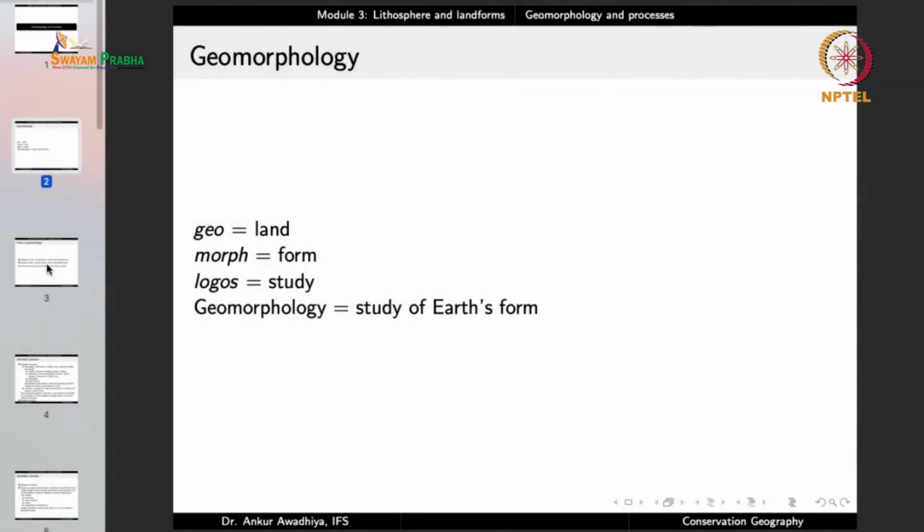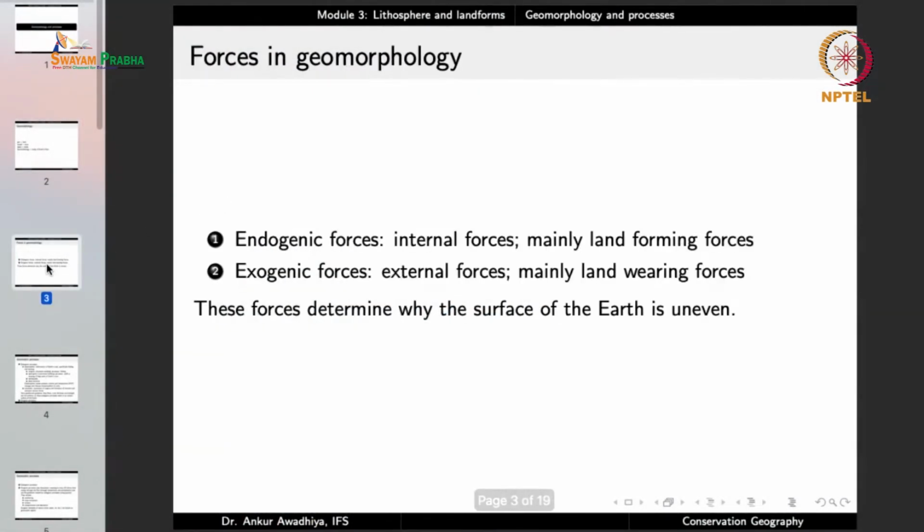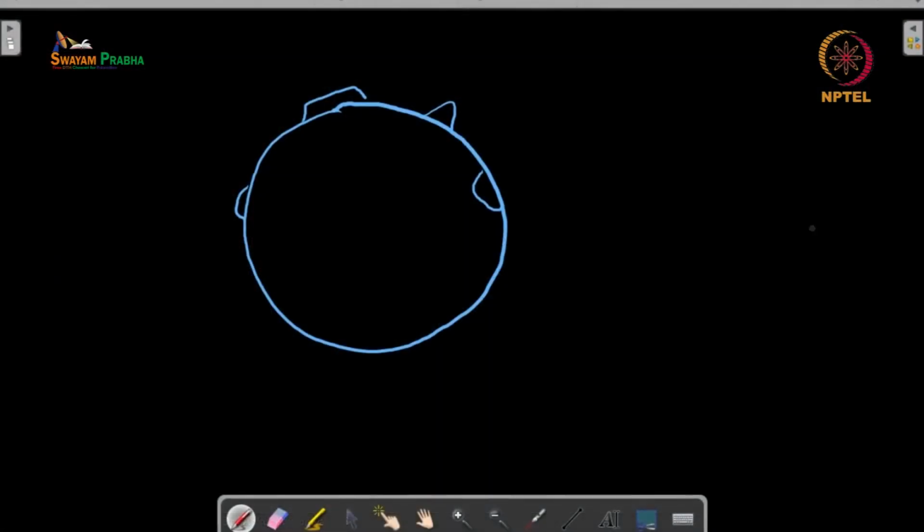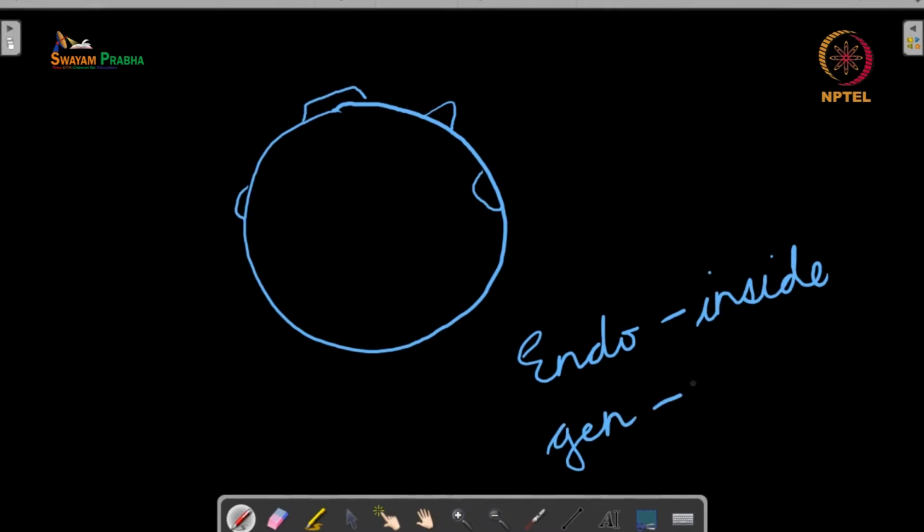Now, in geomorphology, we recognize two different kinds of forces. The first are endogenic forces, which are internal forces, mainly landforming forces, and the second is exogenic forces, which are external forces and are mainly land wearing forces. Now, the term endo, E-N-D-O, refers to inside, and genesis is creation.